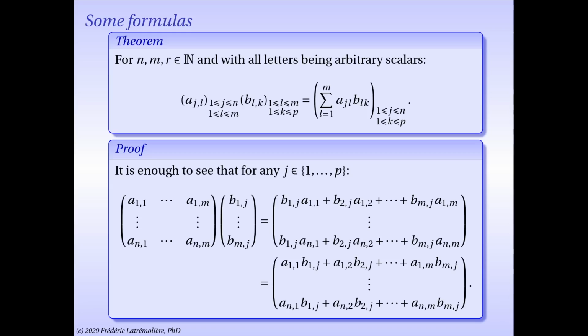Note that the product of an n by m matrix with an m by p matrix takes m times n times p multiplications. It is thus a costly computation. Multiplying square matrices of size n takes n cubed multiplications. For instance, simply multiplying two 10 by 10 matrices already takes 1,000 multiplications.